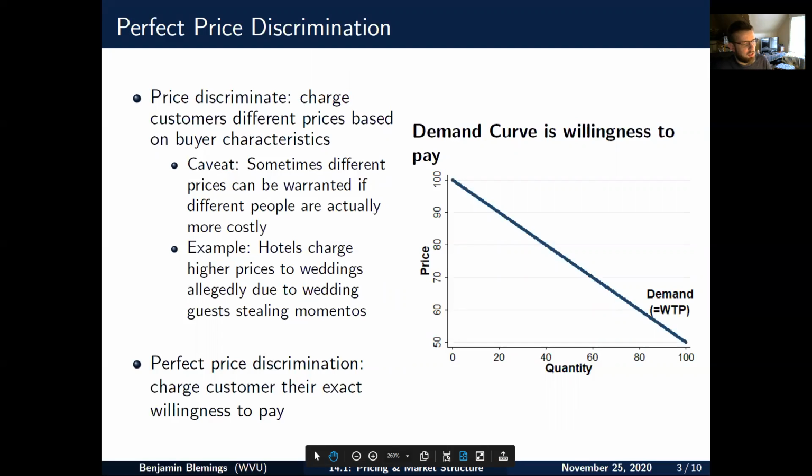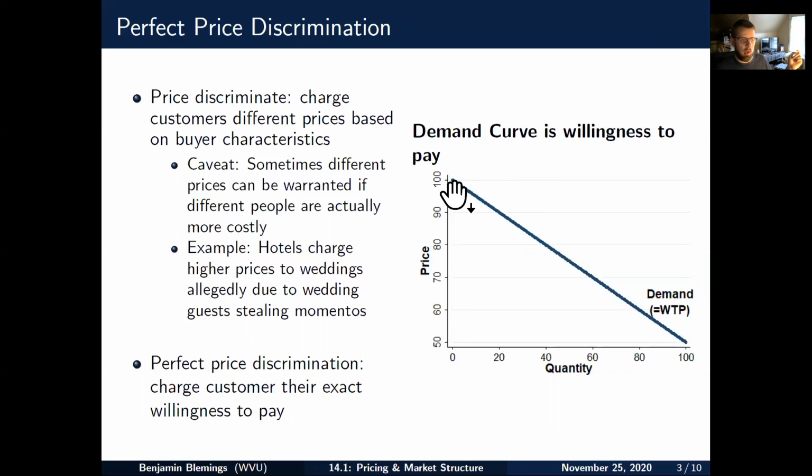Perfect price discrimination goes beyond that, and it means the business is able to charge each customer their exact willingness to pay, so they extract all the value out of selling. Basically, for everyone who's willing to pay $90, as shown by this demand curve right here, they charge all those people $90.